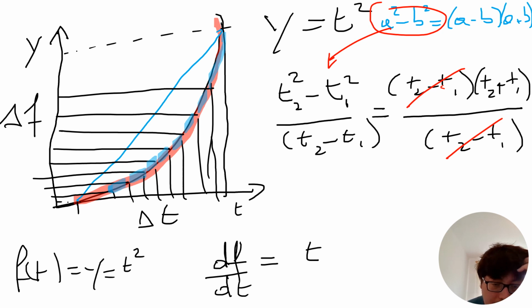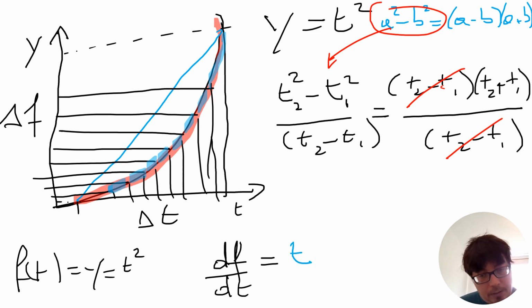And we know in this case that this is a function t. You see that it's not the boring function a, it's the less boring function t, which is a straight line. In this case, it's not a constant, it changes with t.